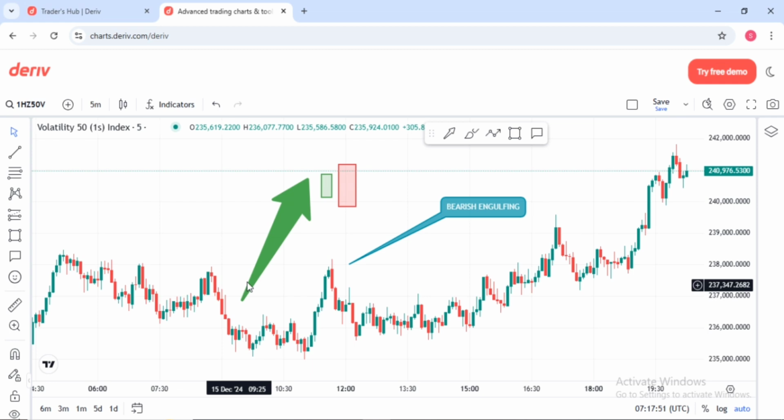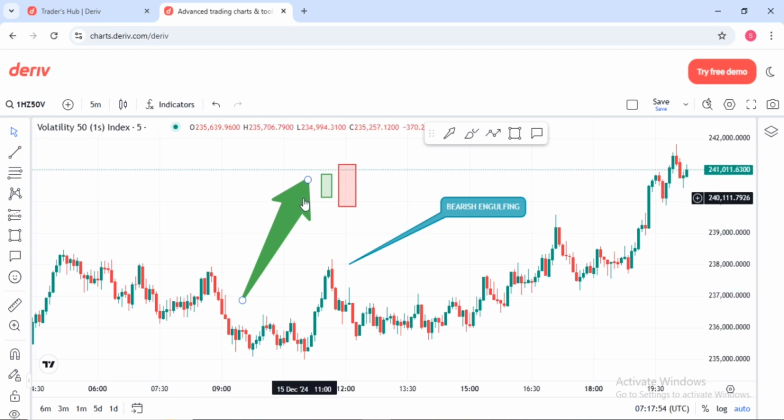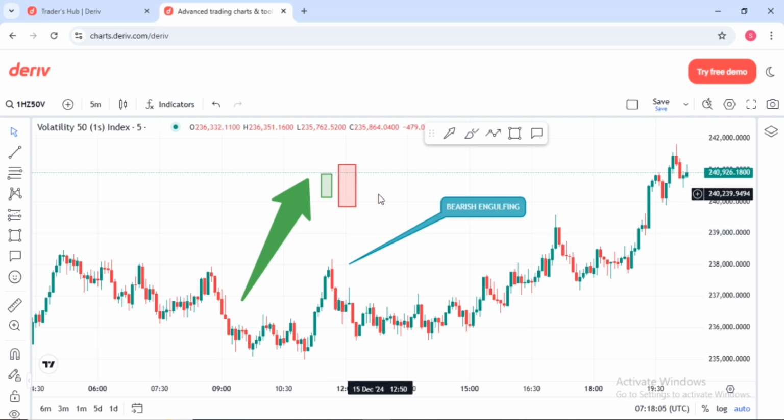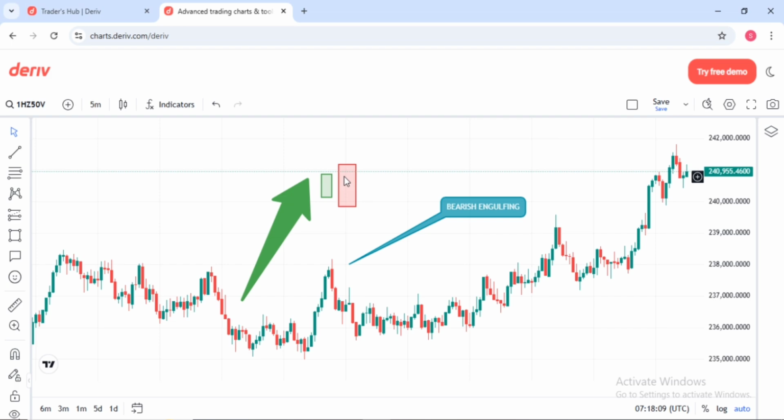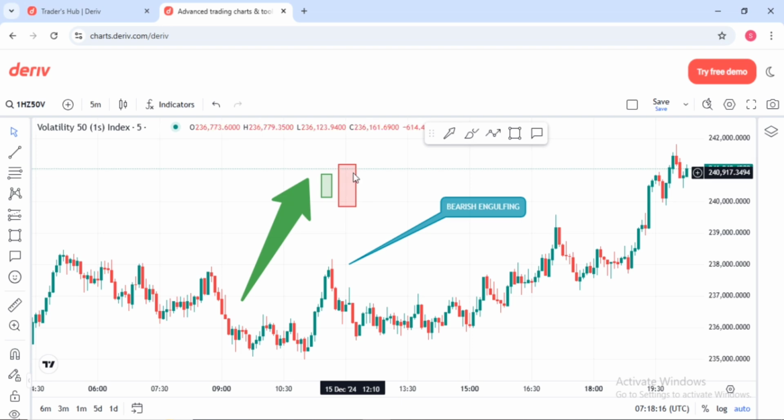So on an uptrend, after the uptrend, a green candlestick is formed, and it is completely engulfed by a red or bearish candlestick. I'm talking about the body. The body, of course, has a wick. I have not drawn the wicks, but concentrate on the body. If the body is completely covered, then this is what we are calling a bearish engulfing.